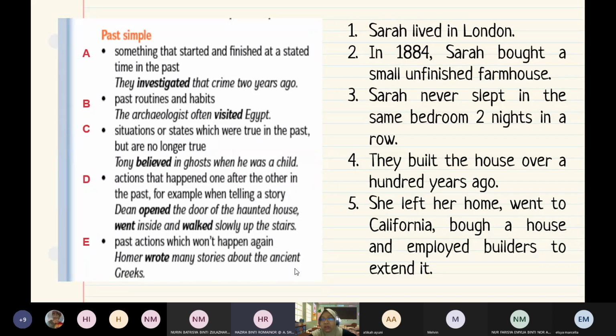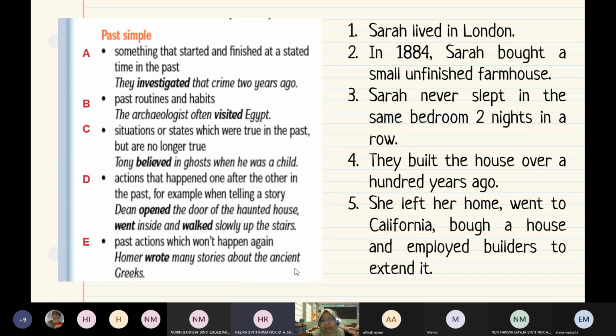So you know it happened in the past because of the words 2 years ago. So you have to change investigate to investigated. Next one, the archaeologists often visited Egypt. Visited is past tense, you put ed at the back. C, Tony believed in ghosts when he was a child.